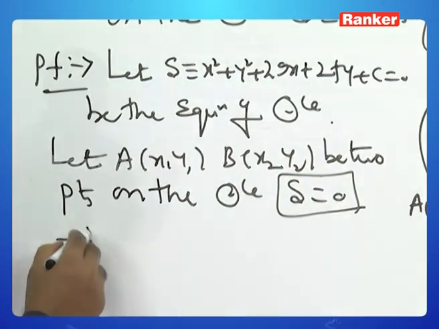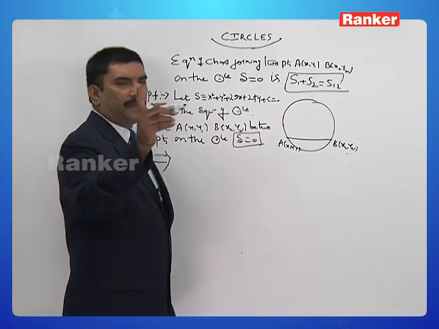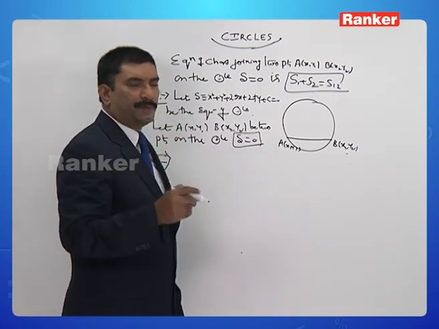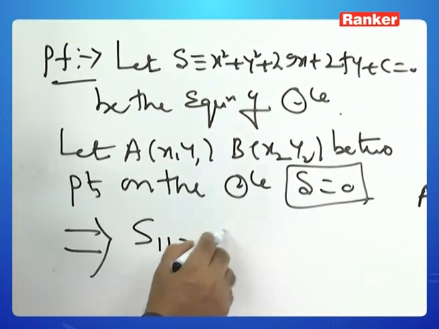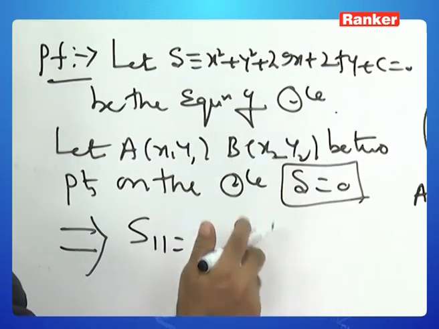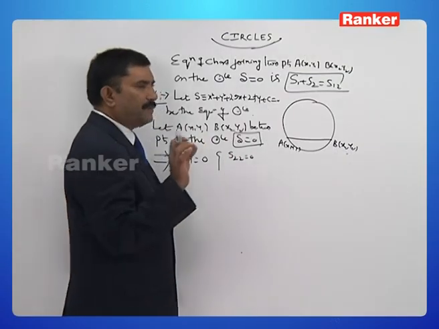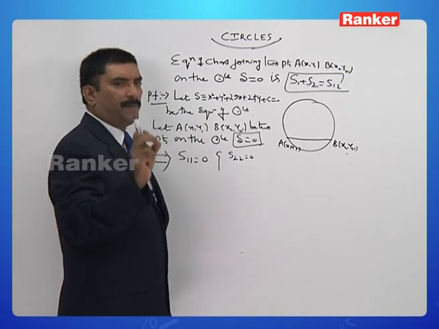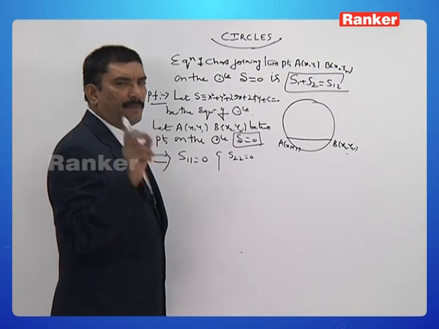We know that when the point lies on the circle, S11 is equal to 0, and also for this point, S22 is equal to 0. S11 is x1 square plus y1 square plus 2gx1 plus 2fy1 plus c.